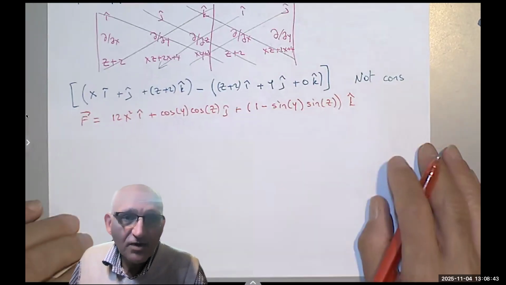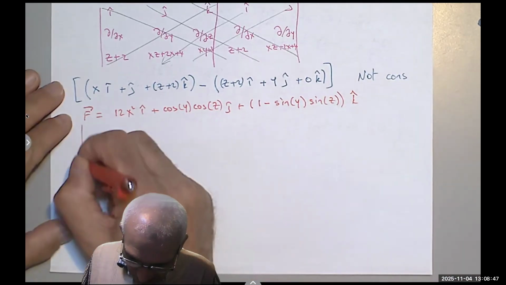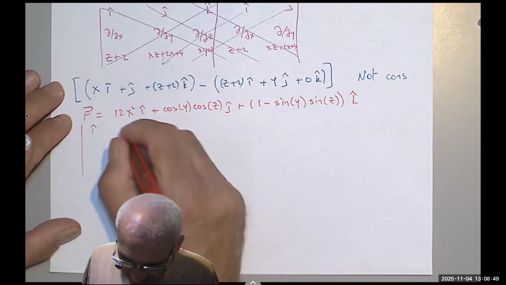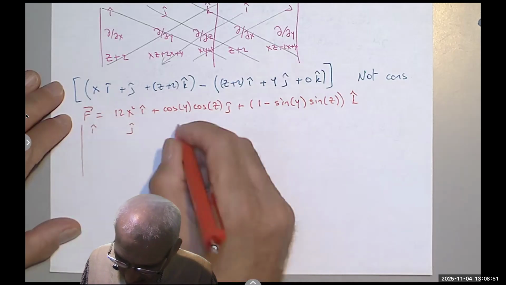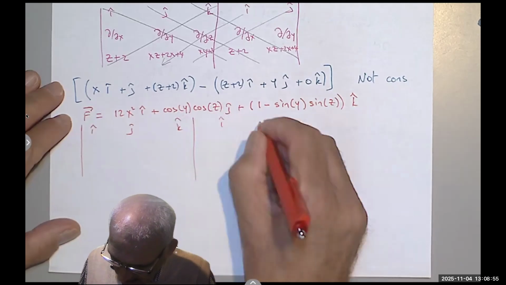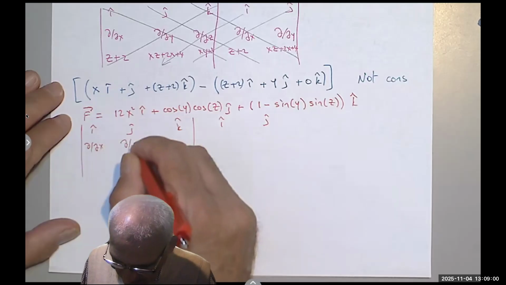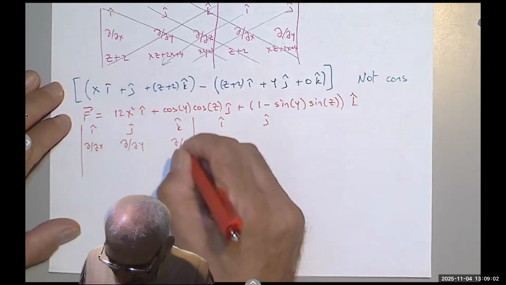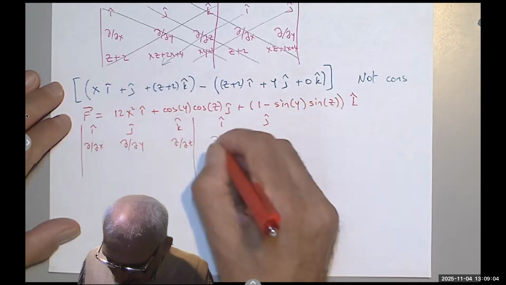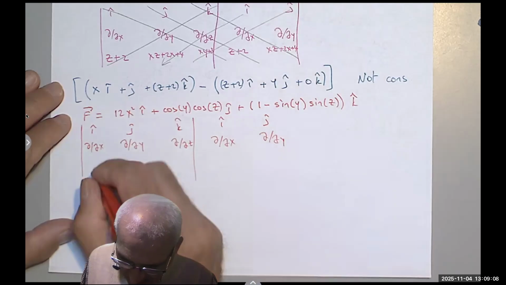And we want to see whether this is conservative or not. So i, j, k, then i, j, partial x, partial y, partial z, partial x, and partial y.